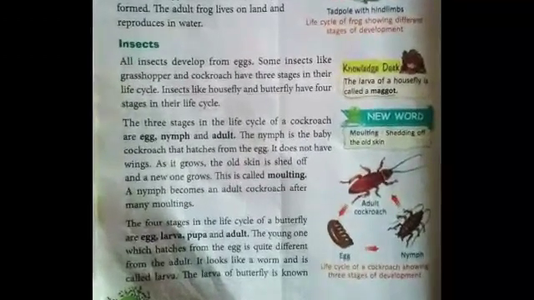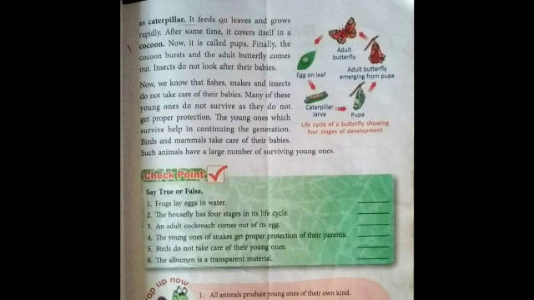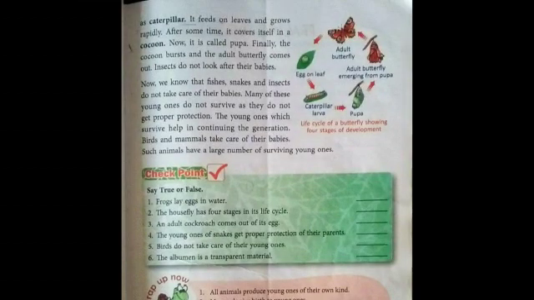The young one which hatches from the egg is quite different from the adult. It looks like a worm and is called larva. The larva of a butterfly is known as caterpillar. Students, remember the larva of the butterfly is known as caterpillar.